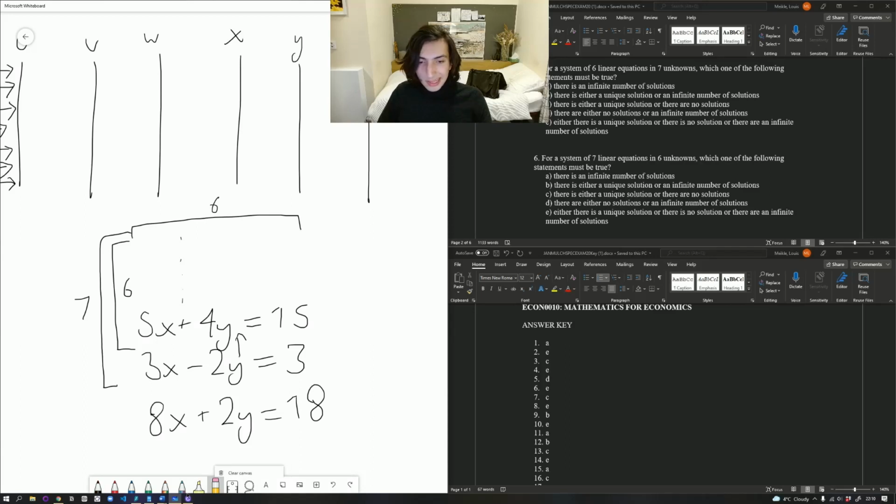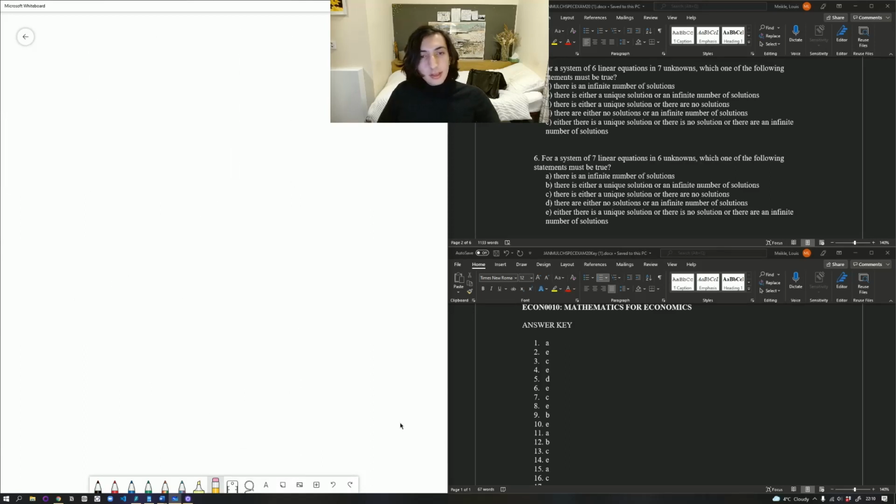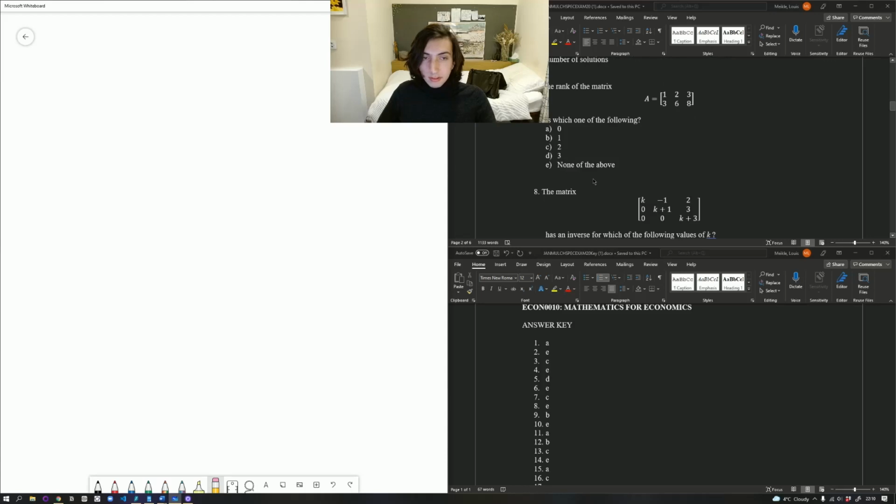So let's continue. For 7, the rank of the matrix. The rank of a matrix is determined by the number of linearly independent vectors within it. For example, if I had a matrix that looked something like this, where I had 2, 5, and then 4, 10, and then 3, 7 or whatever.